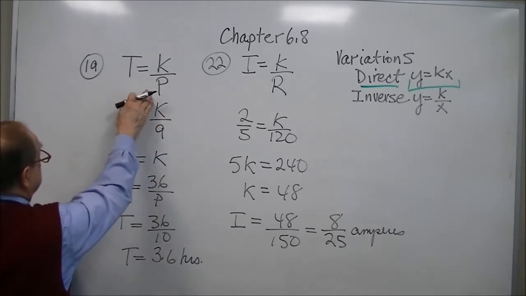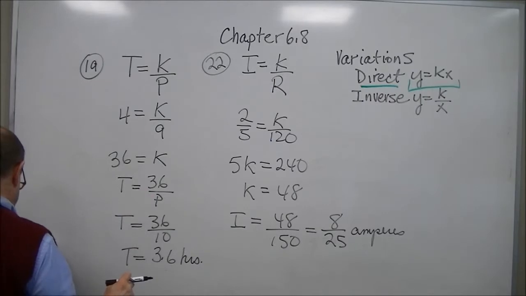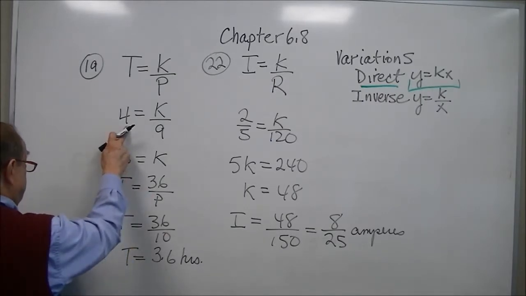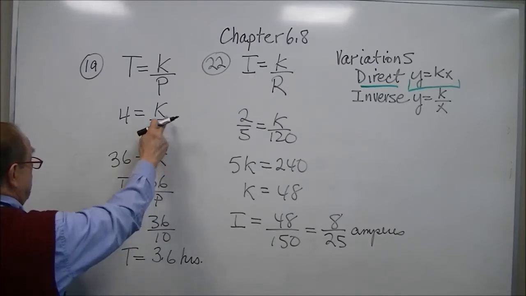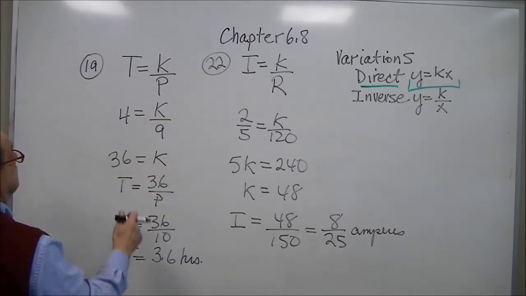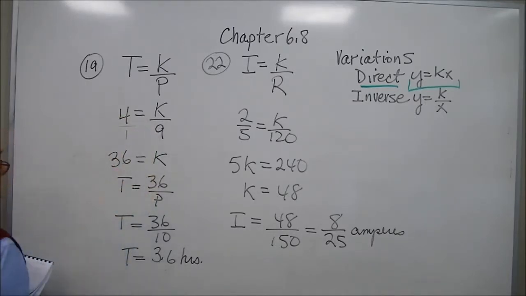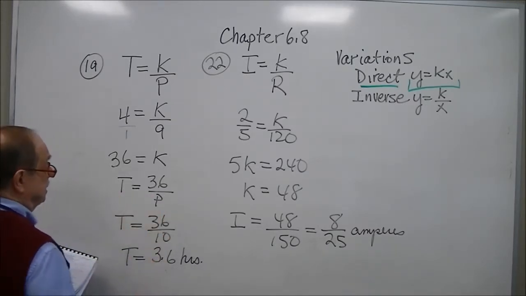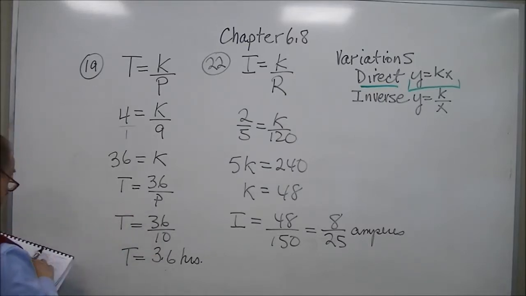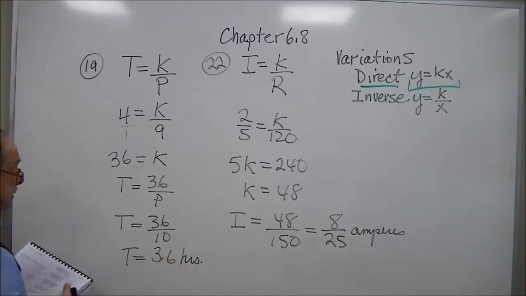So there's your basic formula: time equals K over P. It says it takes 4 hours for 9 people to do the job. So what is your constant of variation? Well, you, in a sense, just cross multiply: K equals 36. So there's your basic formula. Well, how long would it take 10 people to do the job? And there's the 10, and it's going to be 3.6 hours.